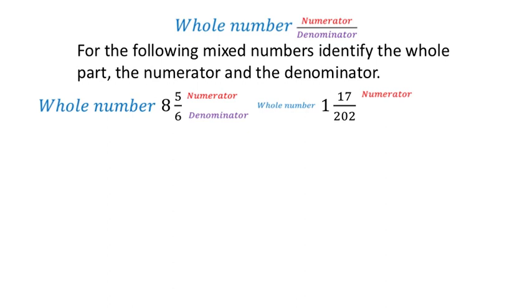And where we have 200 in the bottom, that'd be 200ths, I suppose. Since it's in the bottom of that fraction, it becomes our denominator. So that's all we've got to do on these. Just identify the parts of the mixed numbers. But they're mixed because you have the whole number and the fraction.